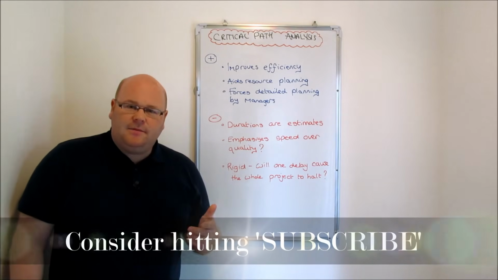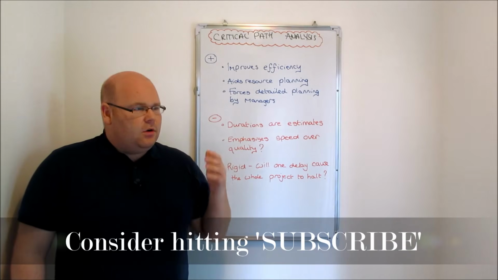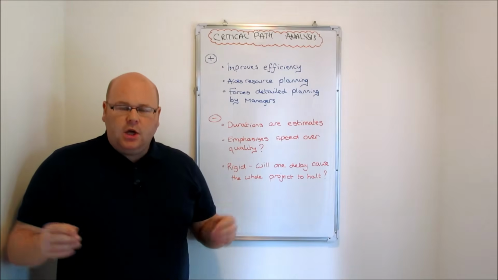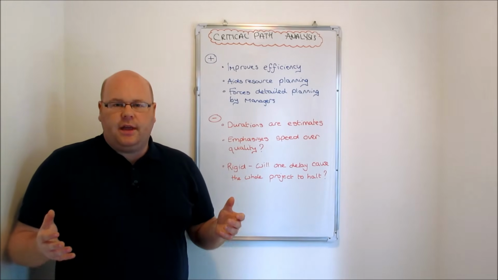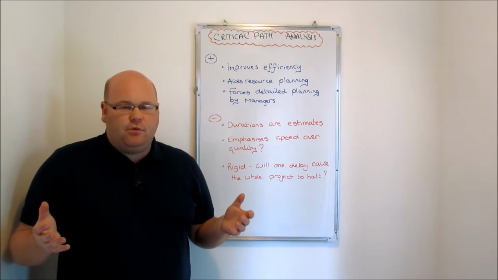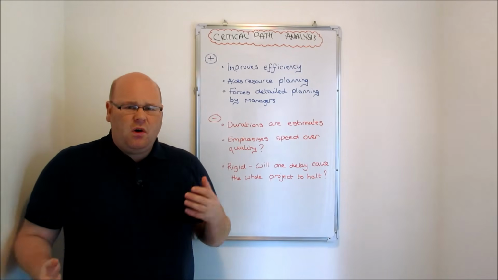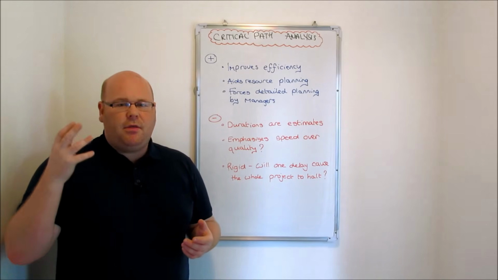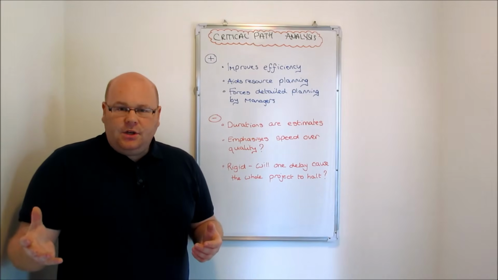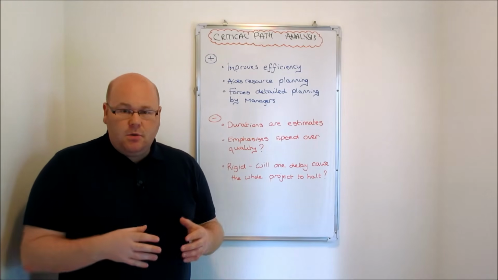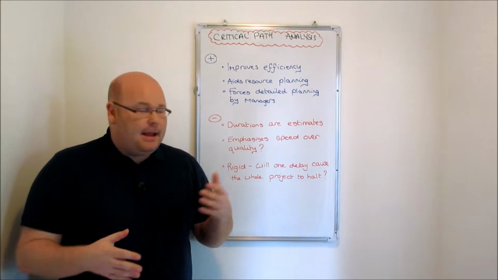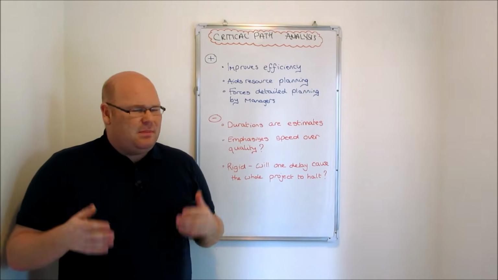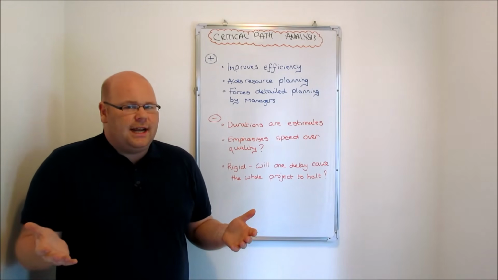If we stay on the subject of planning, if nothing else, we can say that critical path analysis does at least force managers to improve their communication with each other and to plan out an activity or a project that the business is working on. So often in organizations, there might be the temptation to just launch into a project without thoroughly getting all the different agents that are going to be involved in this project, getting them to communicate with each other, talk about what each element of the project is going to require, the kind of resources it's going to need, and that can lead to a bit of a haphazard implementation of projects.